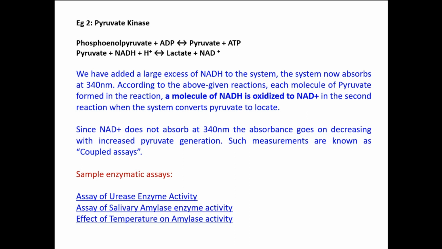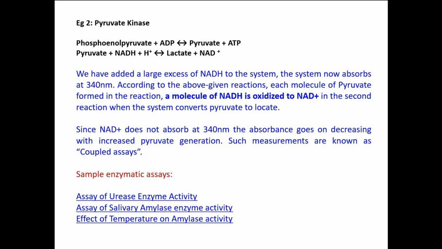I want to know the enzymatic activity of pyruvate kinase for this reaction. And you see the phosphoenol pyruvate, ADP, pyruvate and ATP, all these four molecules will not show any characteristic absorption at the UV or visible region, right?